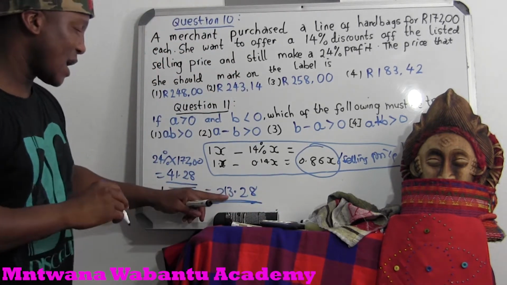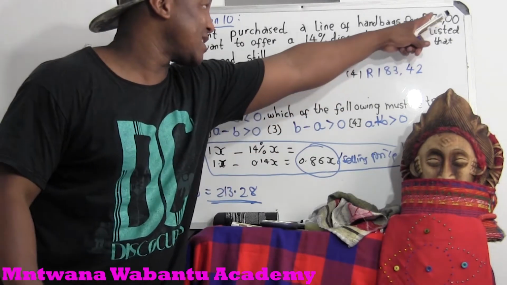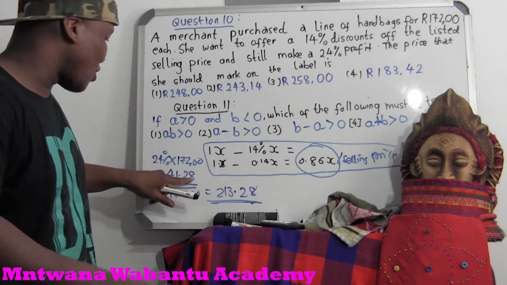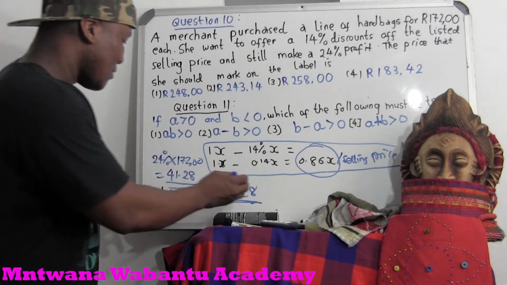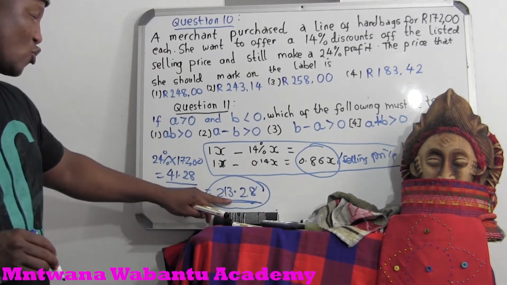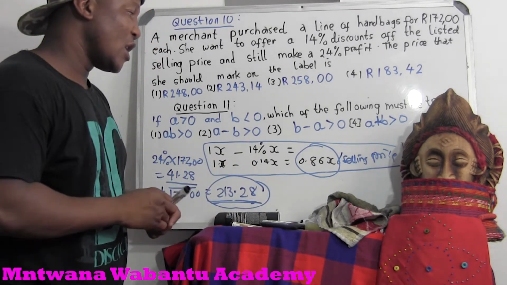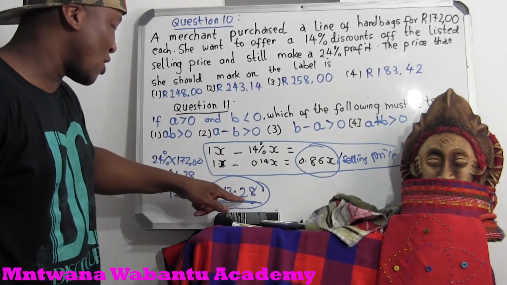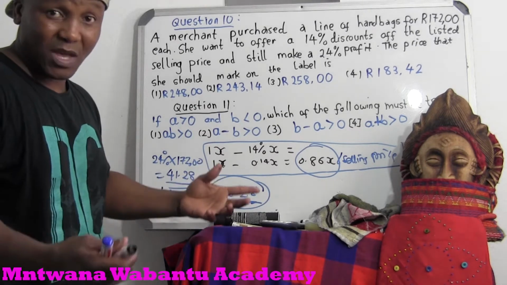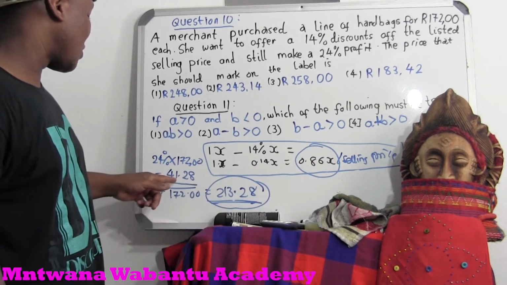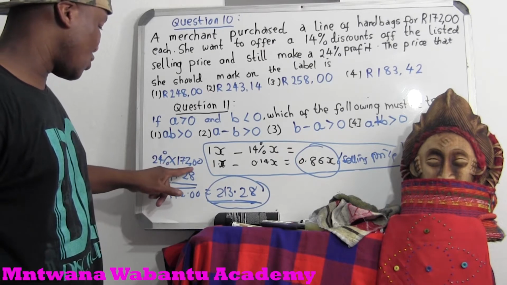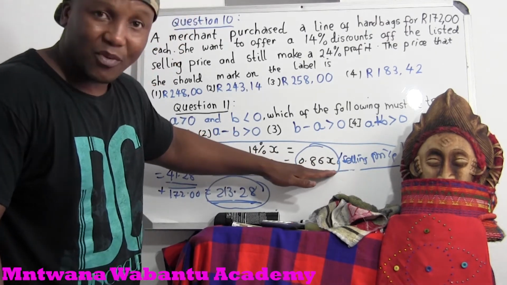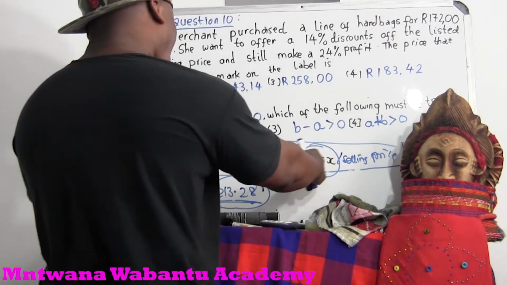So this is how much I have to sell it for. Remember, the selling price 0.86x must be equal to this mathematically, because the profit plus 172 is the selling price, which equals the selling price in the algebraic expression. So I have to equate these two.